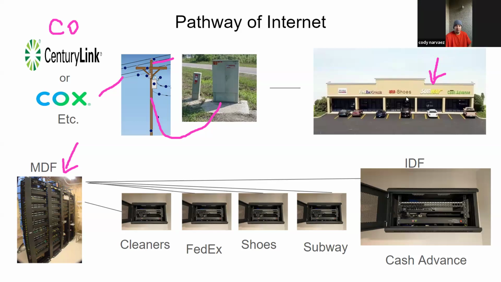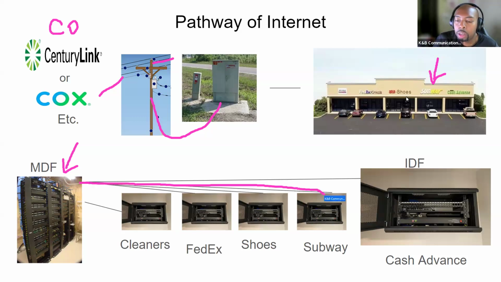Let's say they say, okay, KNB, we're having Cox and we need a coax cable ran into our unit. What we would do is find a pathway to run a cable from this MDF to Subway's telephone room or box.